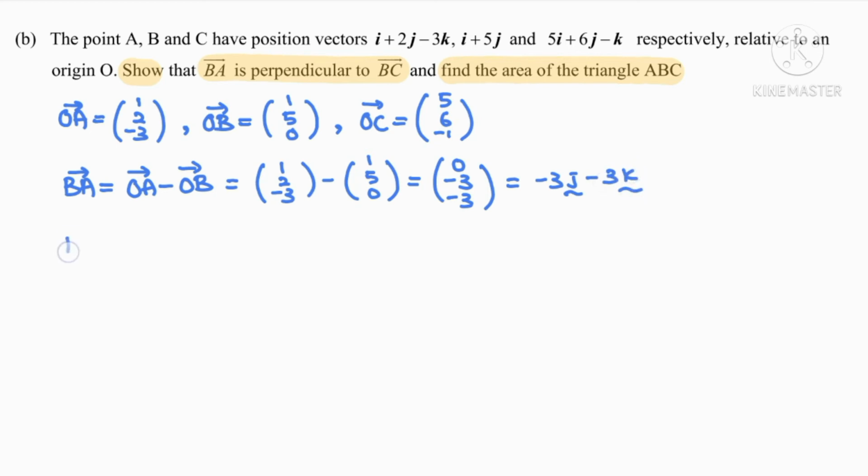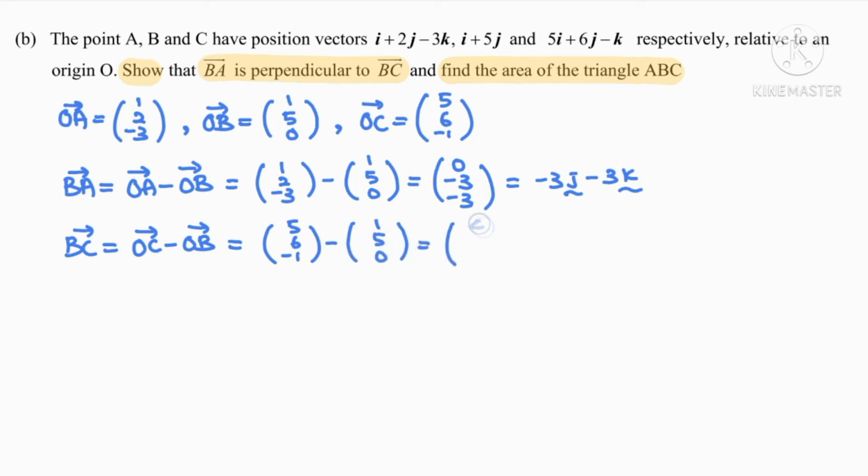Next, find vector BC equal to OC minus OB. We get the answer is 4, 1, negative 1, equal to 4i minus j minus k.